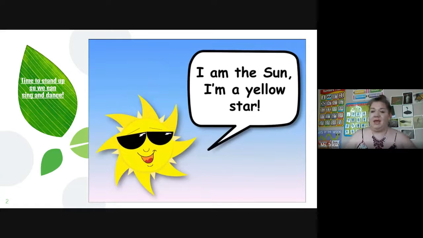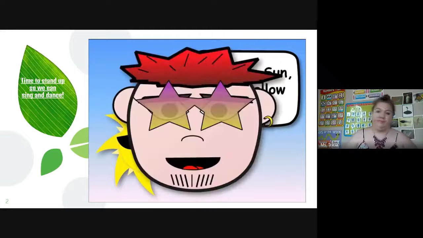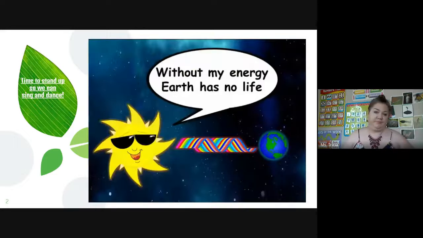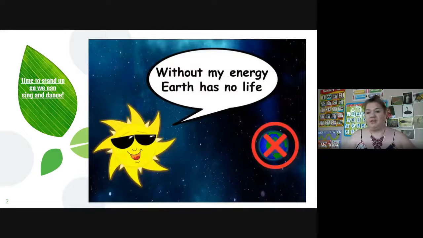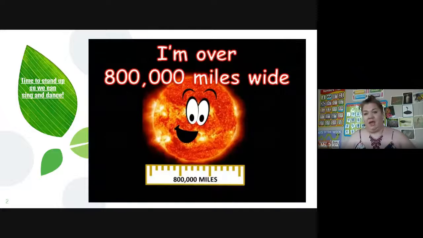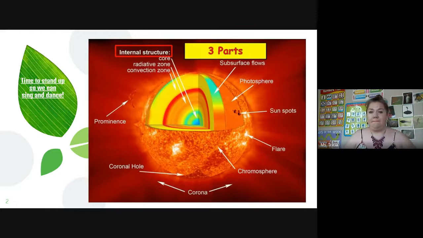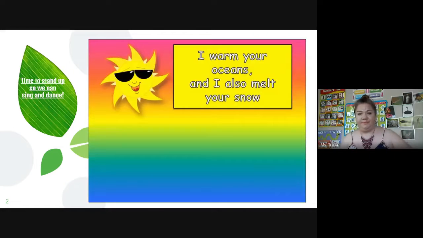I am the sun, I'm a yellow star. You feel my heat, though I'm very far. 19 million miles. Without my energy, Earth has no life. I'm over 800,000 miles wide. The internal structure of the sun is made up of 3 parts. The core, the radiative zone, and the convection zone.